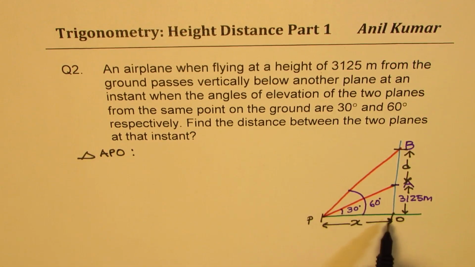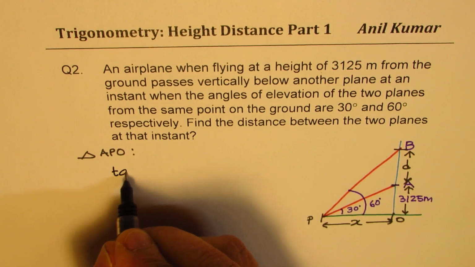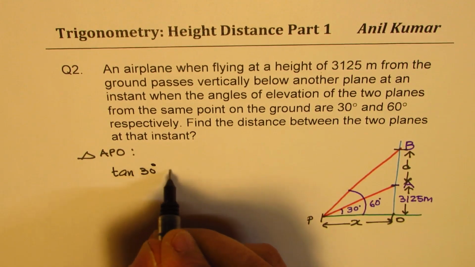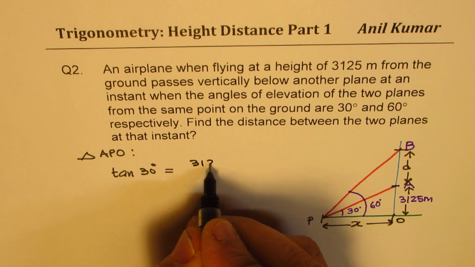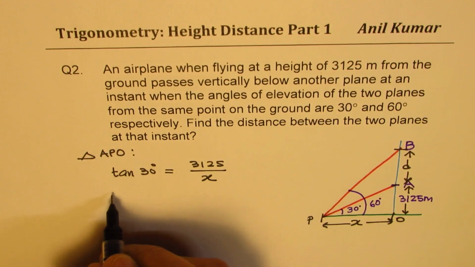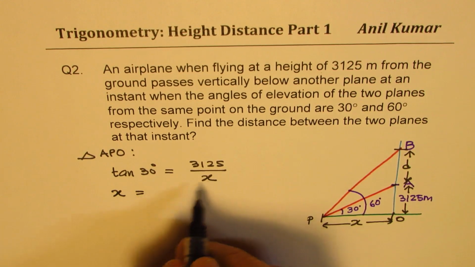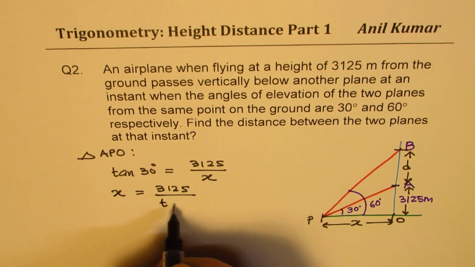In this triangle, you can use tan 30. We can say the tan of 30 degrees is equal to the opposite side over x, which is 3125 over x. So we can cross multiply and get the value of x, which is 3125 divided by tan of 30 degrees.